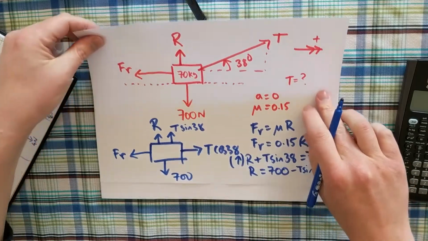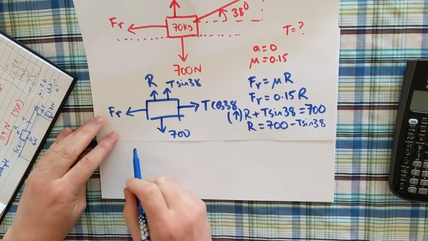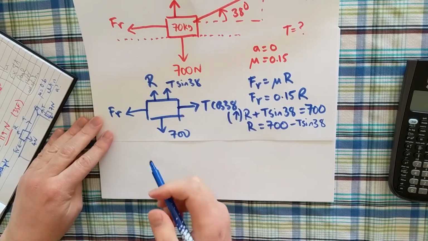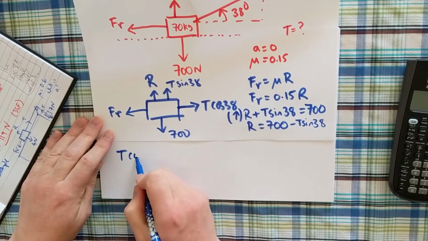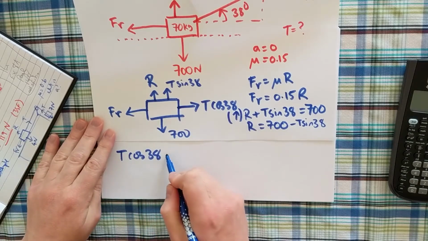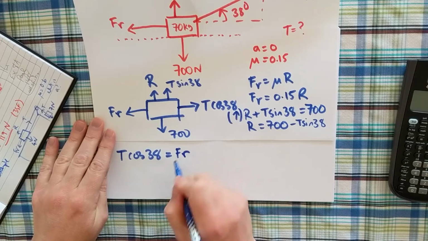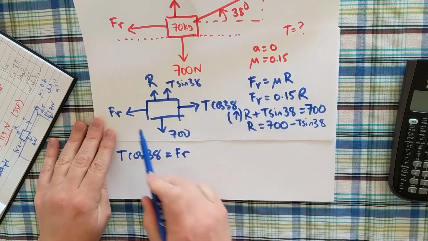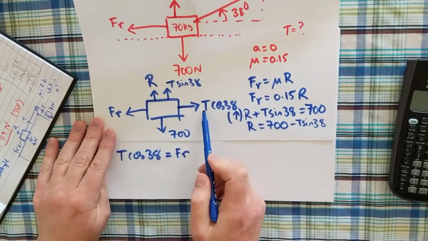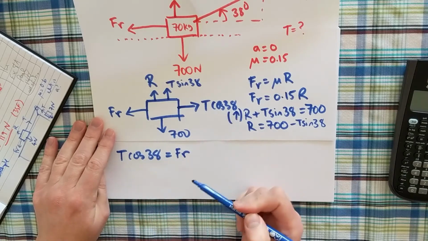I'm just going to move this up slightly. Now, if I look at the ones going horizontally, using F equals ma, I've got T cosine 38 is equal to the friction. And the friction was equal to 0.15 R. These are equal to each other because the acceleration is 0. It's really this, take away this one is 0, or just these two are in balance.